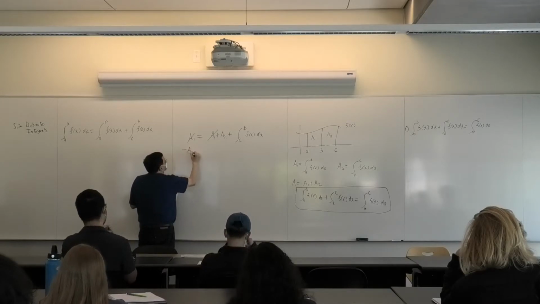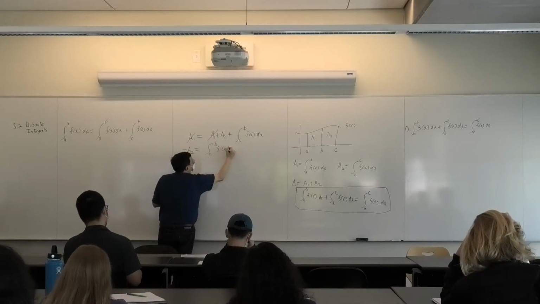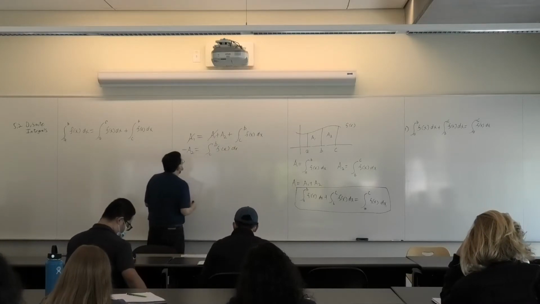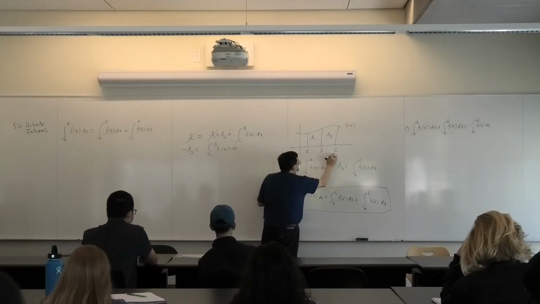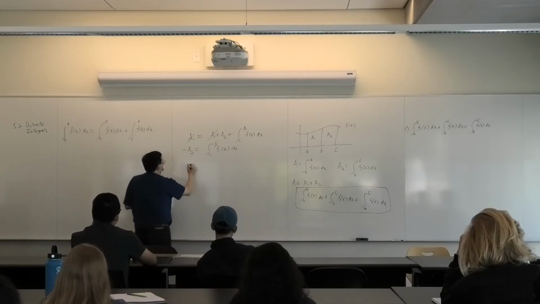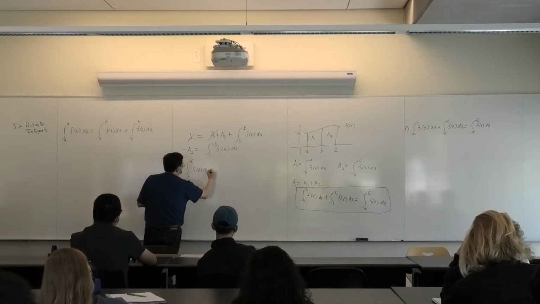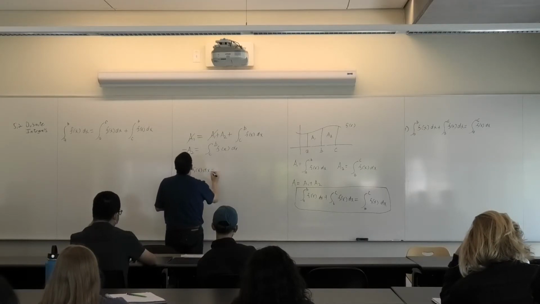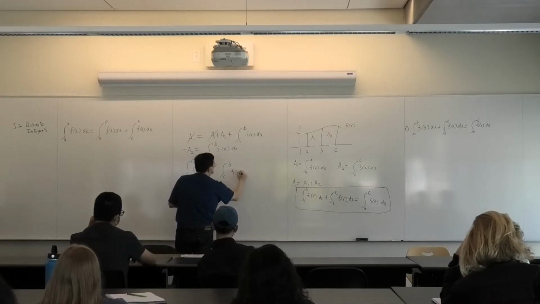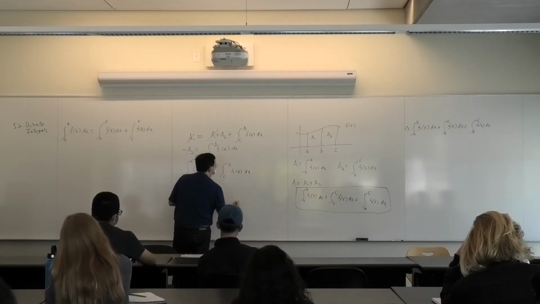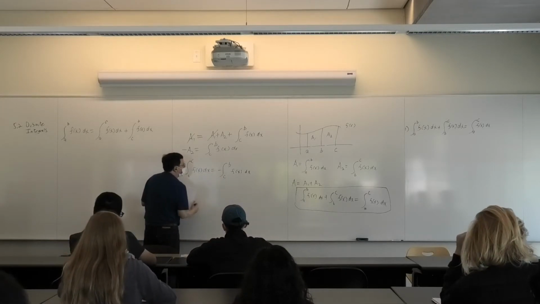This becomes negative area A2. But area 2 is just the integral from B to C. I guess it would make more sense to put the minus over here.